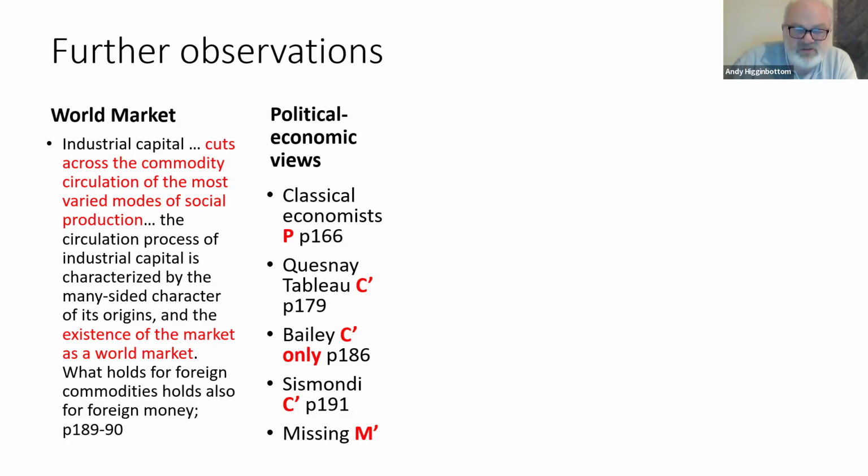The other really interesting observation he makes is you can think of each of these starting points, or each of these circuits, from the standpoint or perspective of each of these forms of capital. That might be a better way to put it, right? You can see the influence in different economic views. And he basically says, well, classical economists really take the standpoint of productive capital.